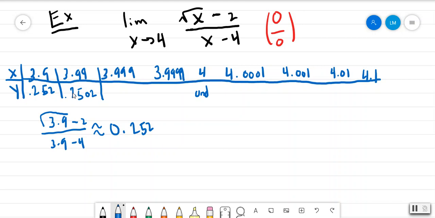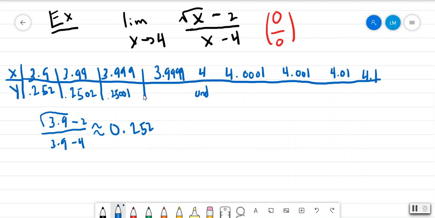So we're going to input the remaining. If we do 3.999, that's going to be 0.25001.